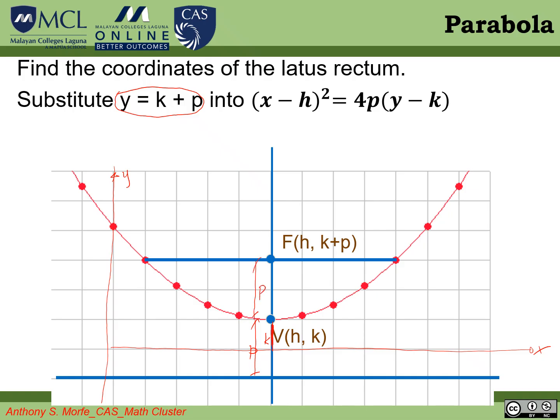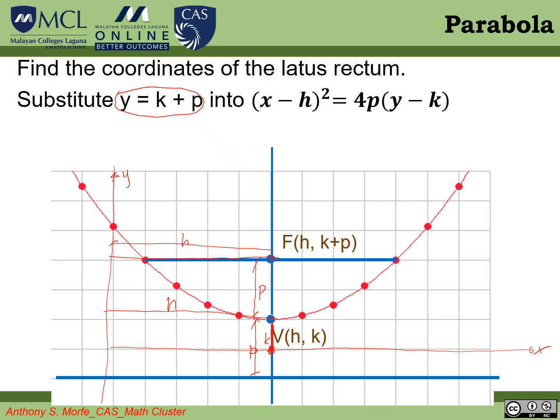So as you have noticed here, the coordinates of the focus: this is h. This is also h. From here to there, this is also h. From the origin to here is k, and this is p.